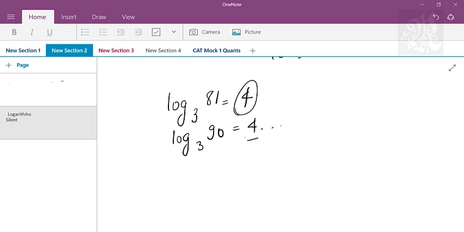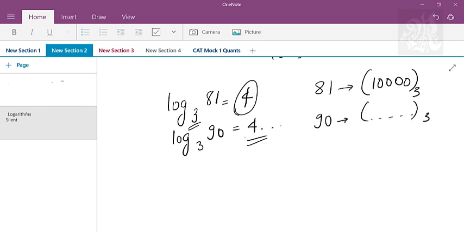If I convert 81 to base 3 in the number system, I will have 5 digits. Similarly, if I convert 90 to base 3, I will have 5 digits. So this is very useful in finding the number of digits in a particular base.